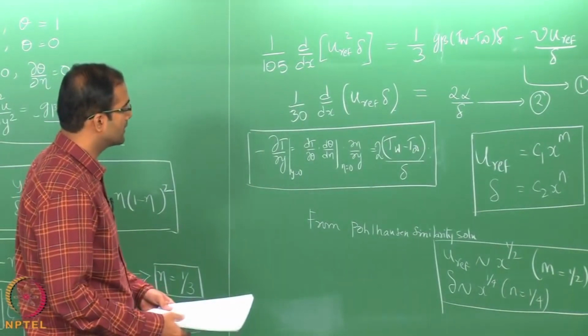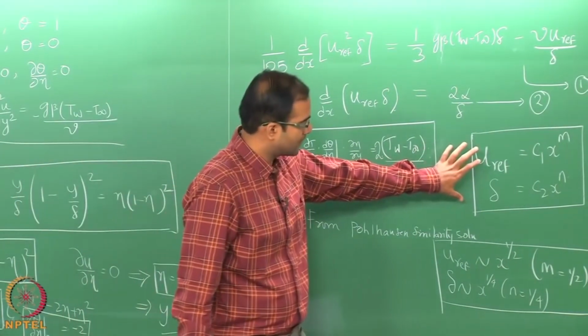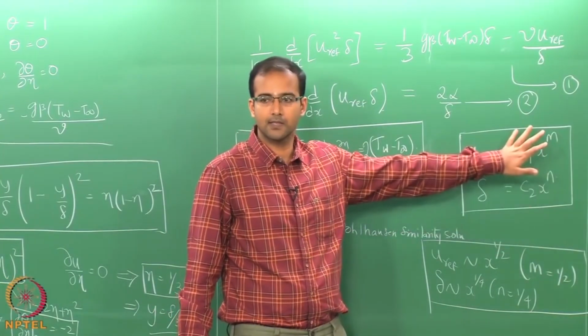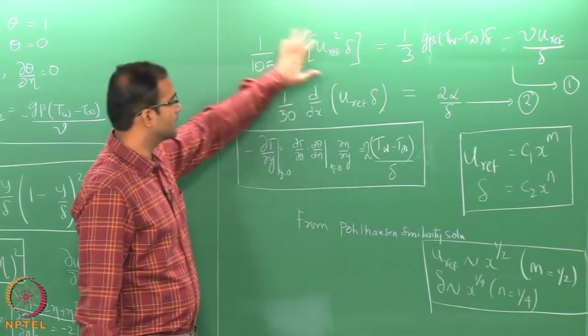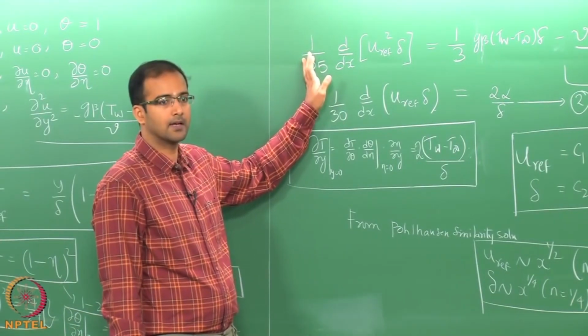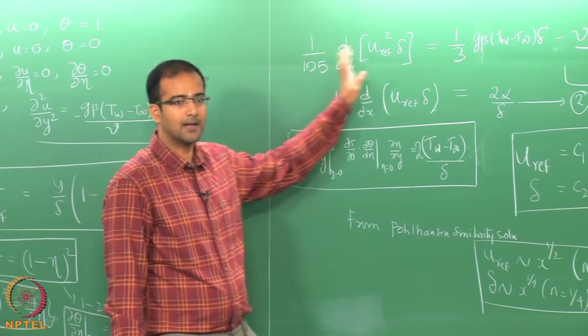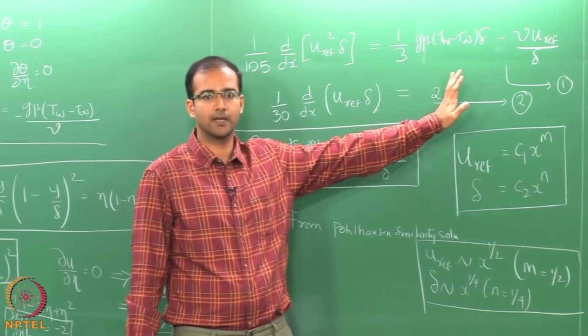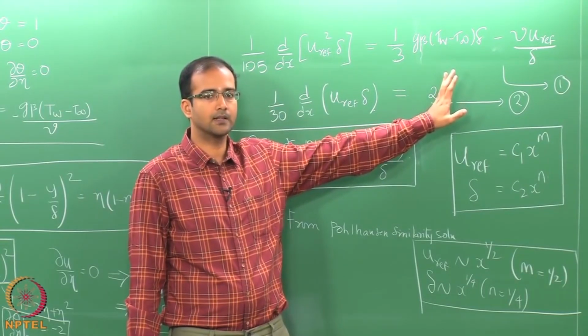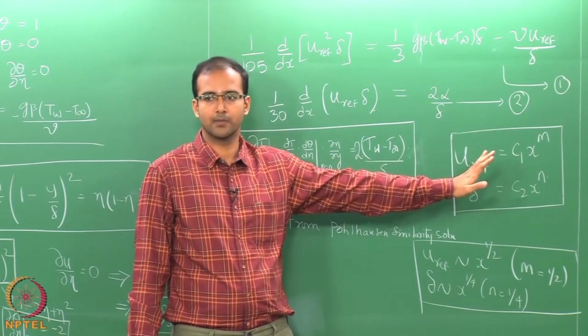So, what we will do, let us for the time being assume some x power m, x power n, we do not know these exponents, let us put them into equations 1 and 2 here. Okay. Then in order to balance the terms on the left hand side and right hand side, we have to equate the powers to be the same.